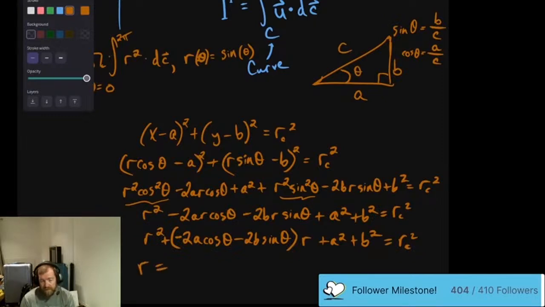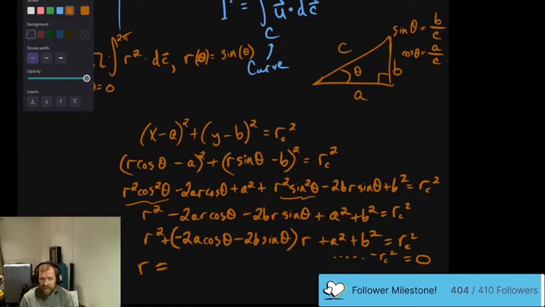r is equal to, this is a really gross quadratic, but technically, if we want it as a function of only cosine and sine, or as a function of theta only with a bunch of constants over there, it's possible.